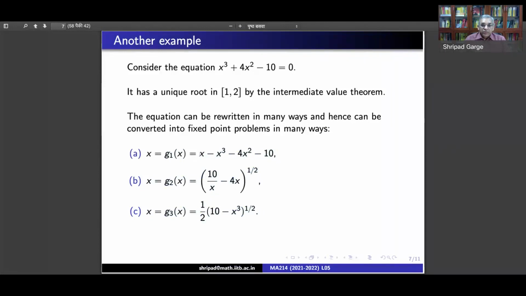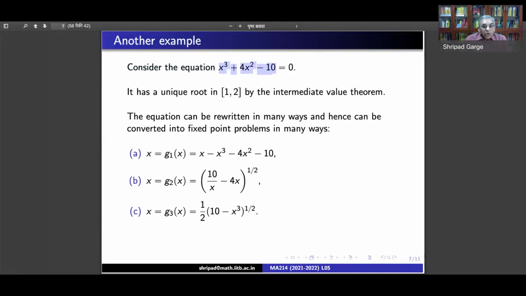Whenever you have a fixed point problem, that means you have equality x equal to g1(x), then this x cube plus 4x square minus 10 is already 0. So maybe there is a sign mistake here. I should perhaps put plus 10 instead of minus 10. Okay, so x minus this side, this is to be subtracted, and therefore that minus 10 will become plus 10.